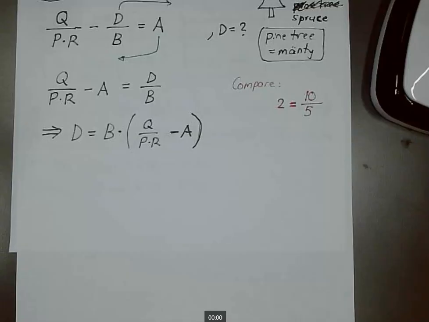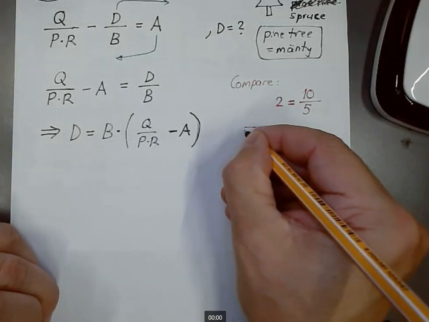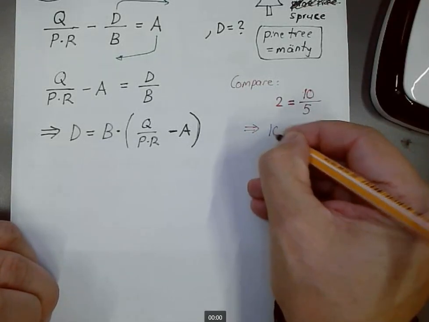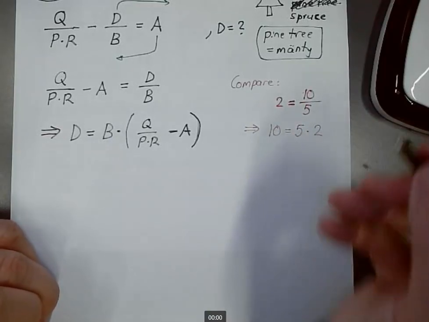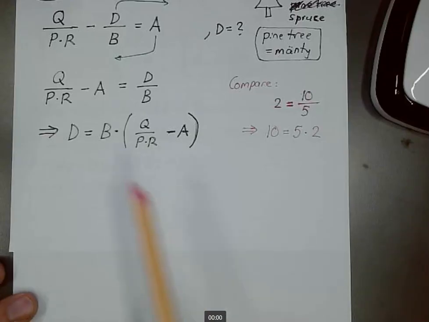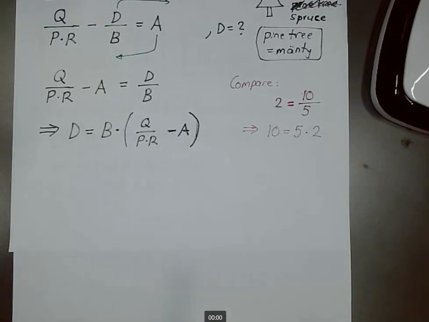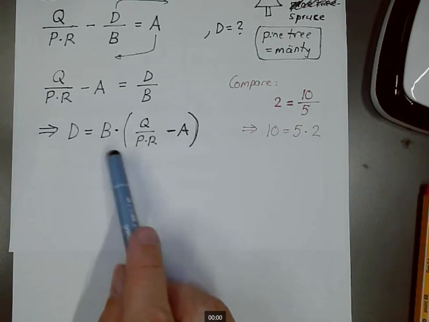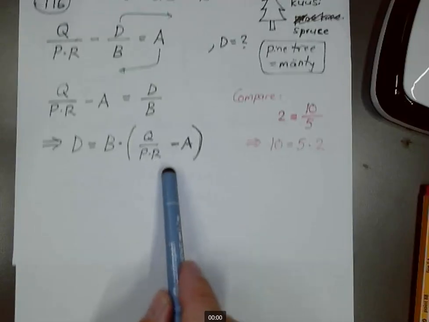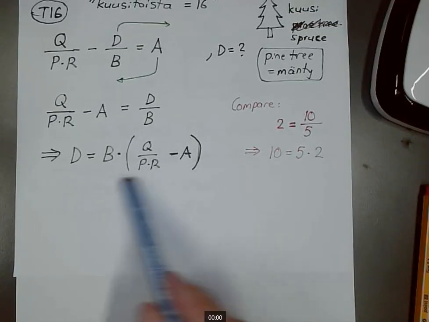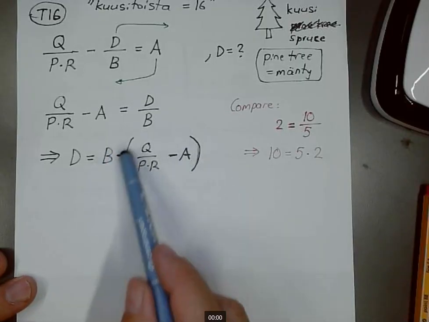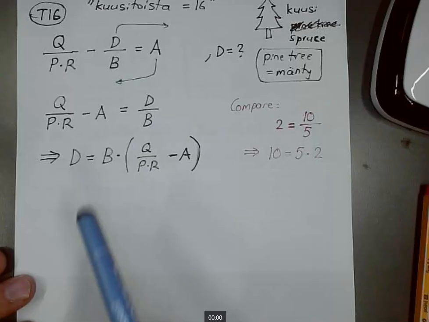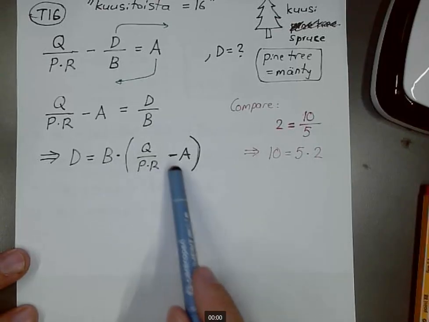I will write the comparing here. 10 is solved by multiplying 5 with 2, and we did the same thing here. I would say that this is an okay result for this equation. Of course, you may multiply these brackets, these parentheses, away, but for me it is okay in this part.